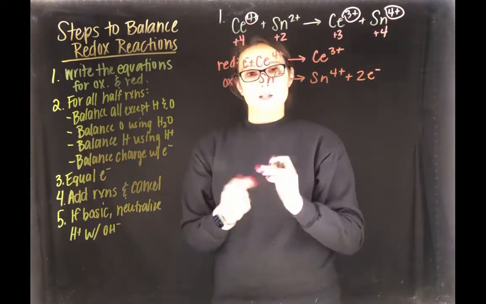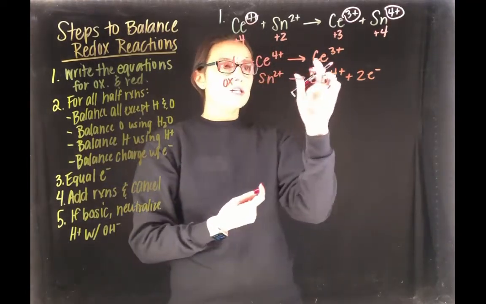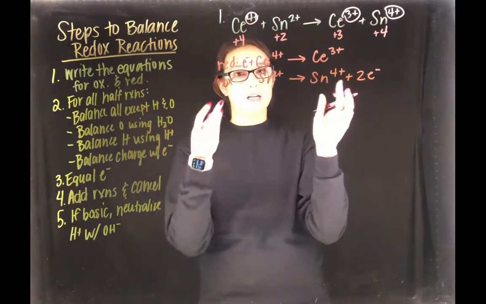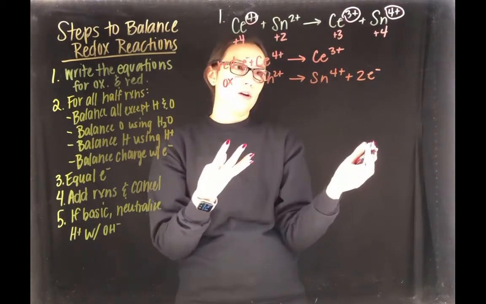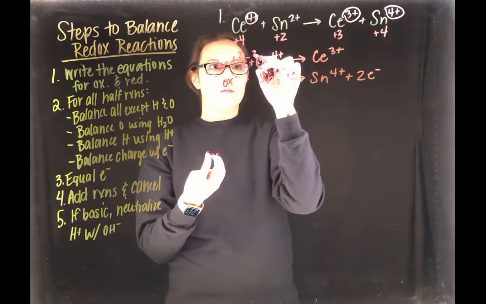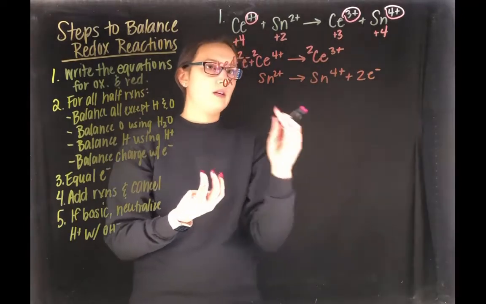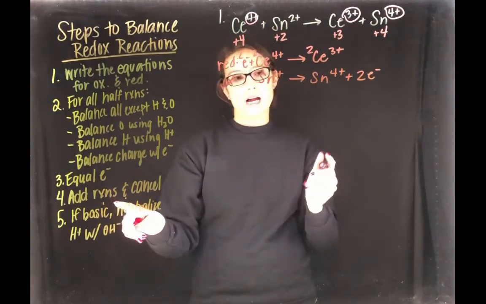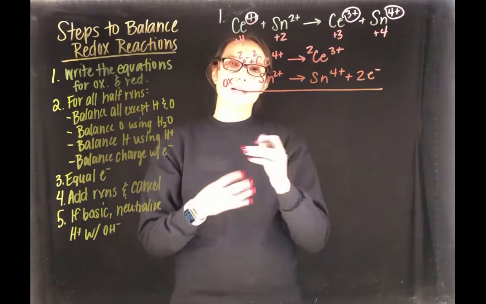Now we want to make the electrons equal. In the reduction half reaction, I have 1 electron, and in the oxidation, I have 2 electrons, so I need to make those equal. Think about what you'd have to multiply by to get them equal. I want to multiply this reduction half reaction by 2, because now that gives me 2 electrons and 2 electrons. So now I can add the reactions together, and I can cancel anything that's the same.